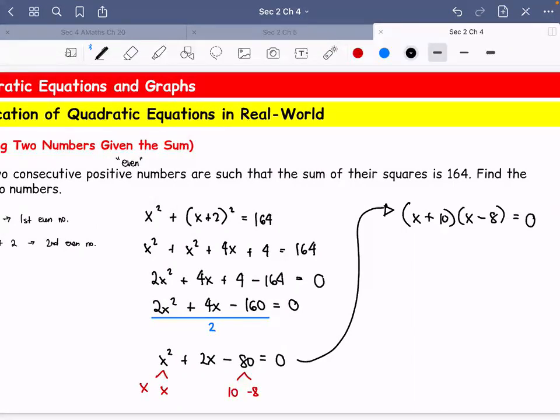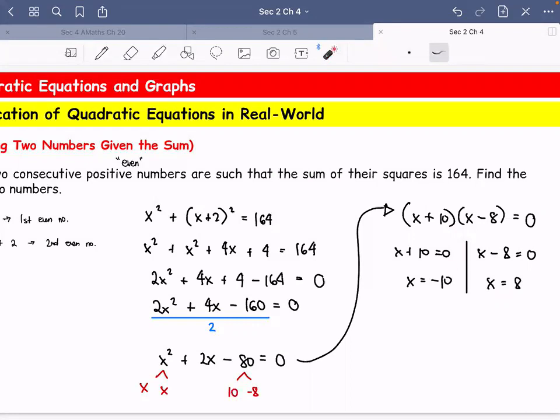What do we do next after this? We equate each term to 0. So x plus 10 equals 0, and the other one is x minus 8 equals 0. So what are the values of x? x is negative 10, x is equal to 8.